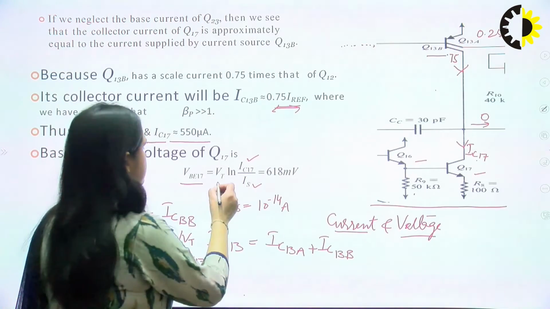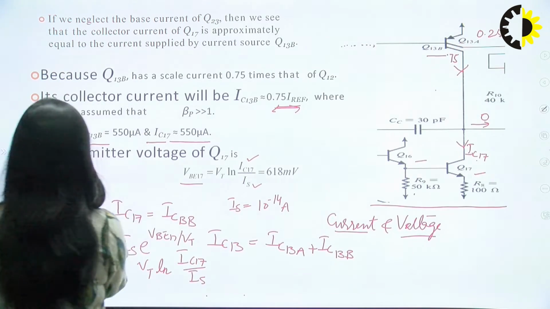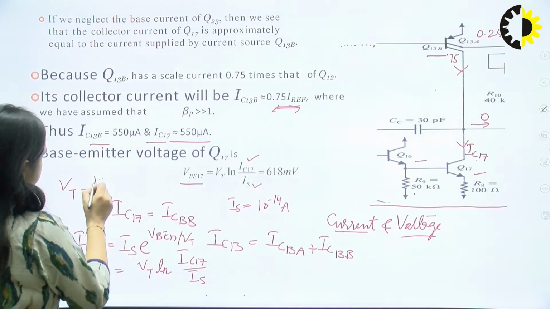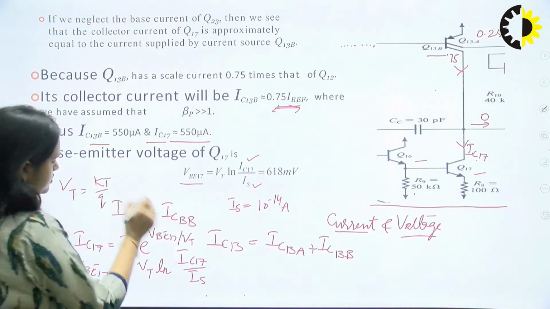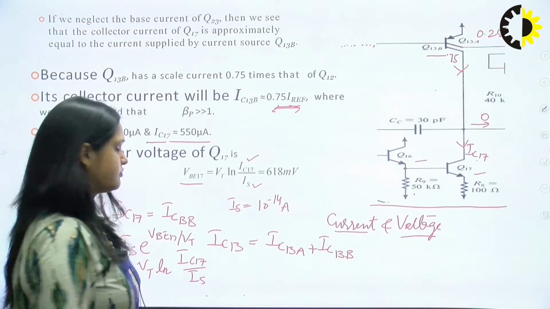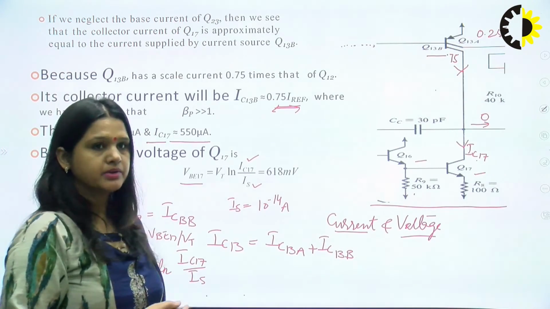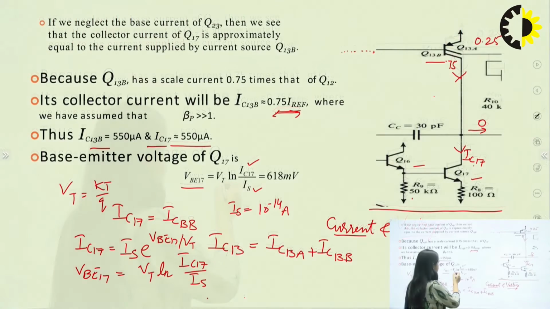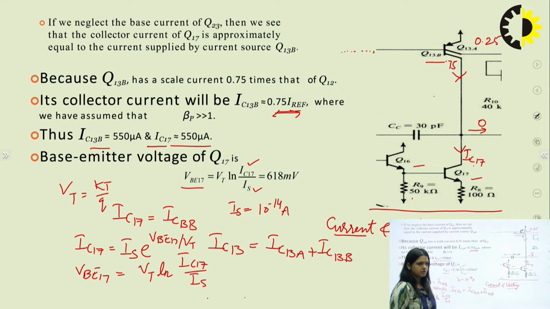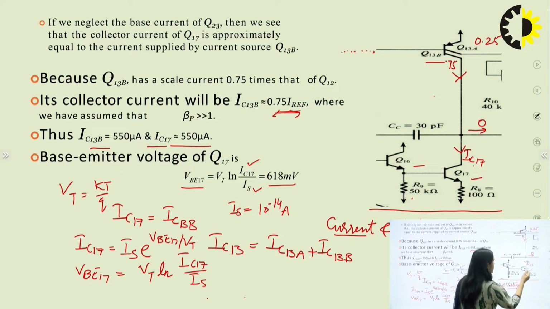VT is nothing but KT by Q. By putting the value of K, the Boltzmann constant, the temperature and the charge, we can calculate VT, that is nearly equal to 25 millivolts. By using all these values, we can calculate the value of VBE17, and that is equal to 618 millivolts. So this is how we have completed the analysis for Q17.